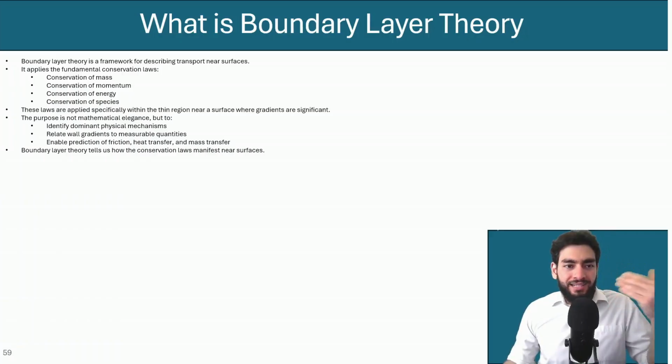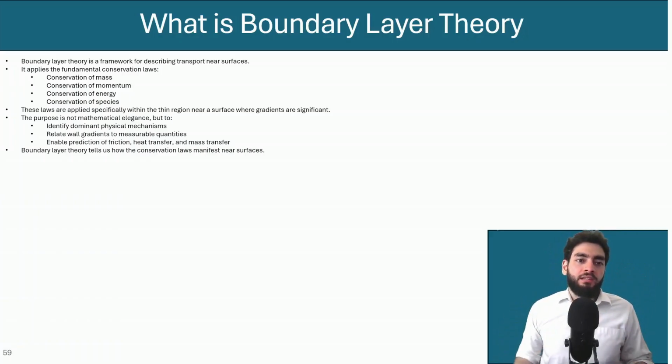these gradients are significant. And the purpose of it is not mathematical elegance, because if you look at the derivations for it, especially for the laminar flow, it could get complicated very quickly.